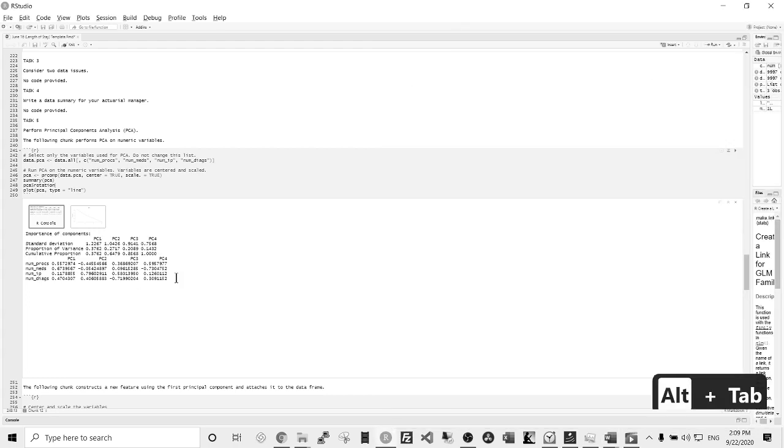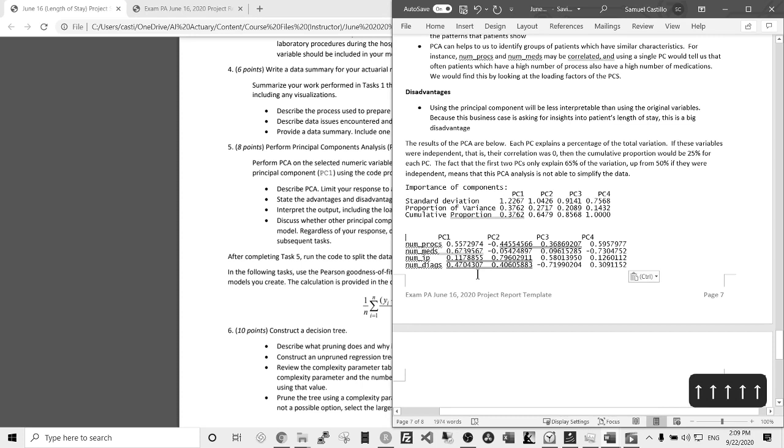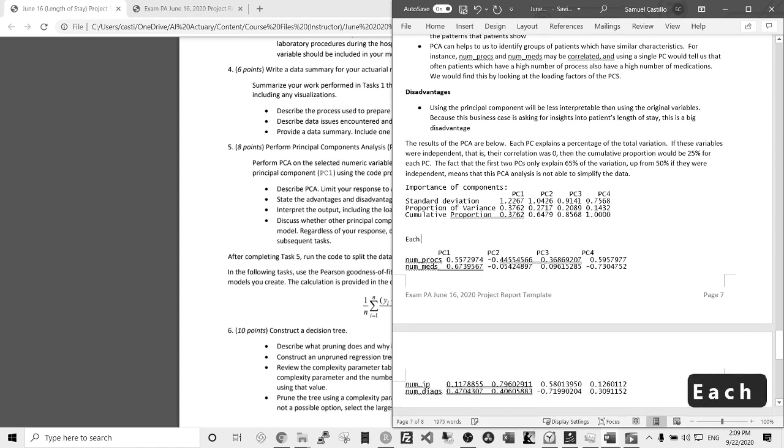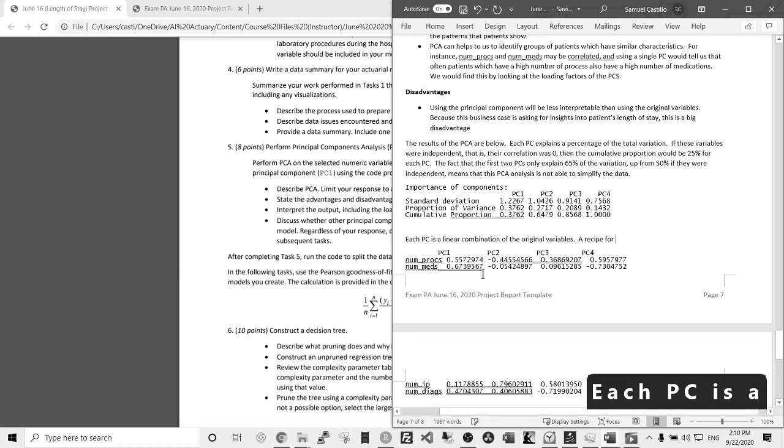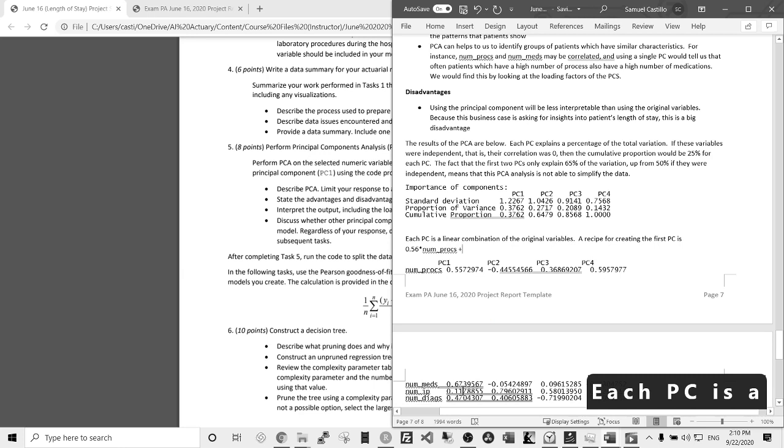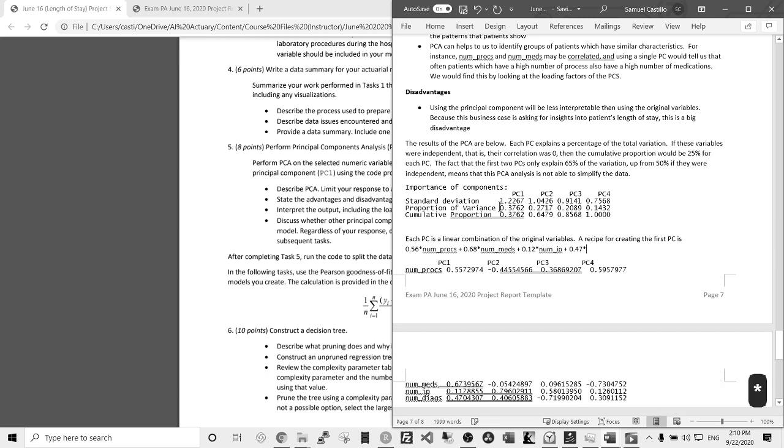So below that, we see the loadings. So what are the loadings? Each principal component is a linear combination of the original variables. A recipe for creating the first PC is 0.56 times num-procs plus 0.68 times num-meds plus 0.12 times num-inpatient plus 0.47 times num-diagnoses.